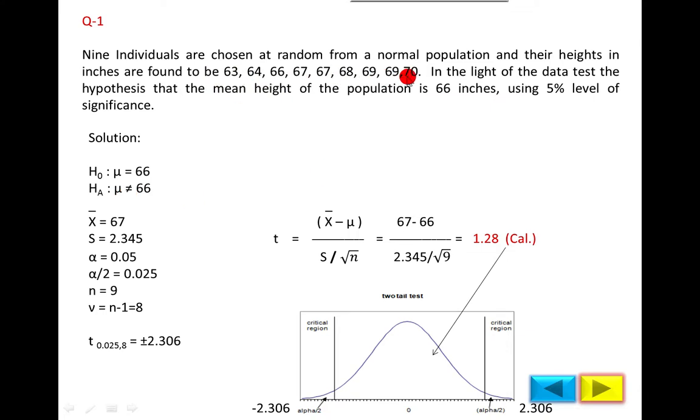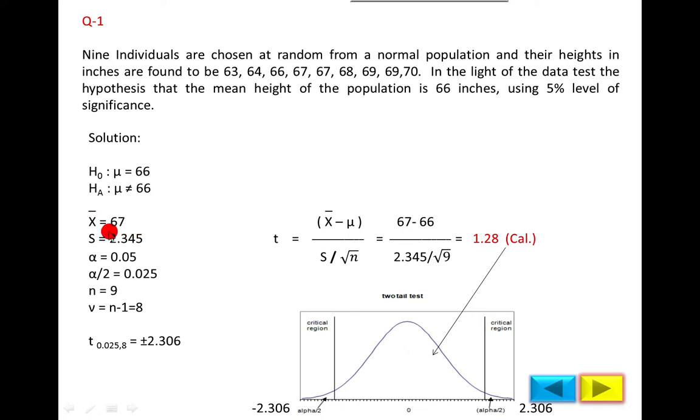Now calculate the mean and standard deviation using the formula of the sample mean. You have done this in frequency distribution. This is ungrouped data, so we use the formula for ungrouped data, but in testing of hypothesis we will calculate directly from the calculator. I have already explained how we calculate the mean and standard deviation directly from the calculator in form D. So you can ask your colleagues or class fellows, or you can ask in my office.